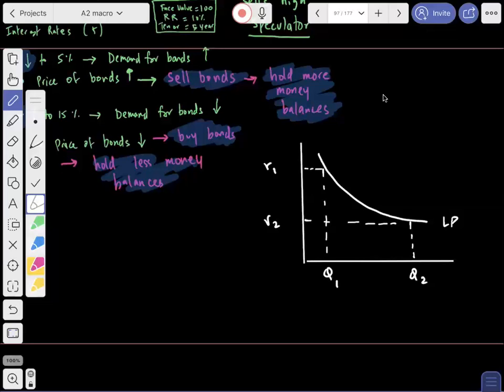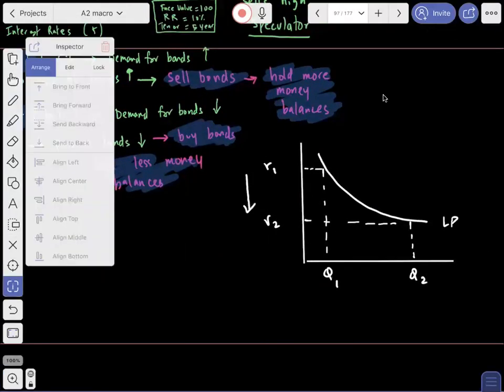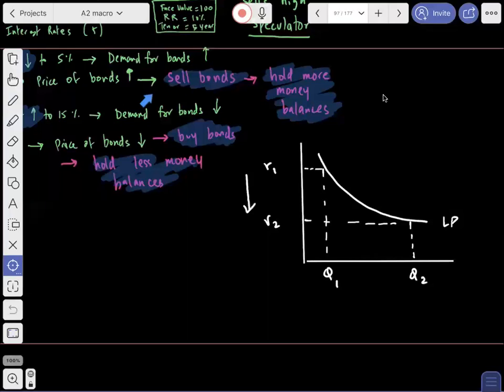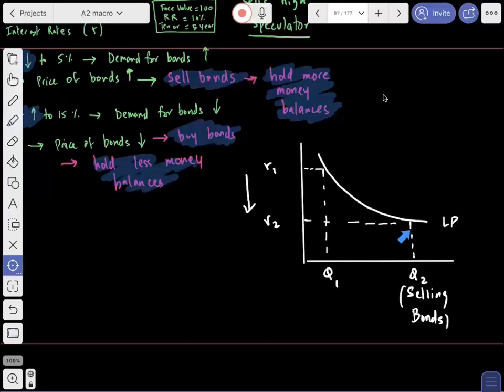So why is that so? Because when the interest rate goes down, the price of bond goes up. And when the price of bonds go up, because the demand is going up, the speculator will be selling bonds. And when he's selling bonds, he's holding more money balances.